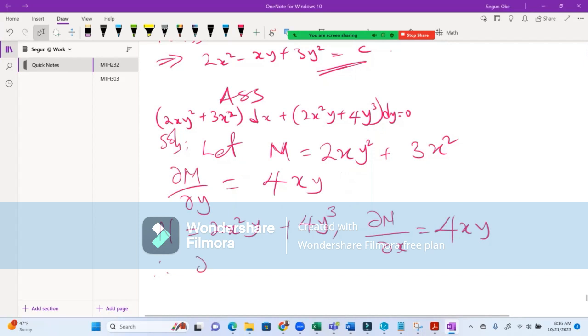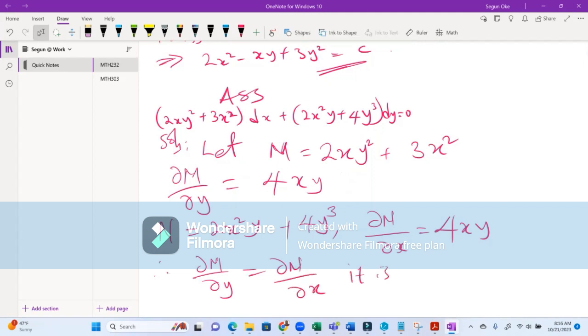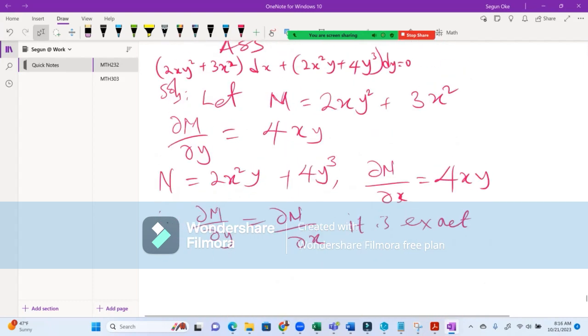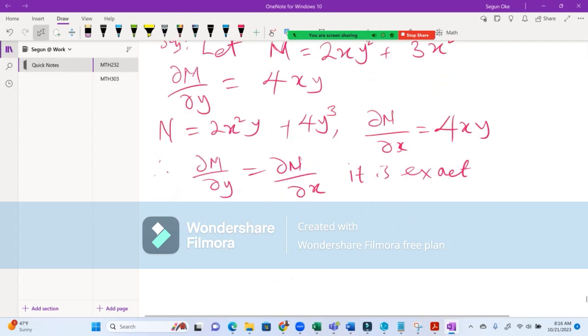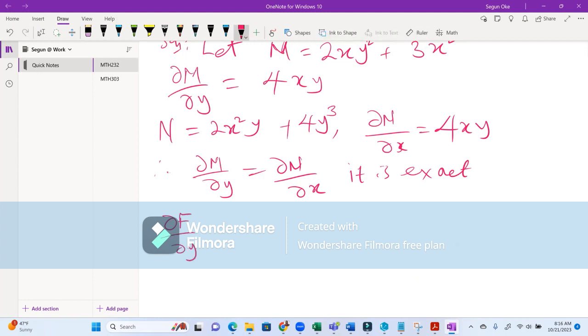Since dM/dy equals dN/dx, it is exact. Now we've established step 1 that it is exact. Then step 2 says what? We pick the f. We have f with respect to y, which is the same thing as 2x squared y plus 4y cubed.